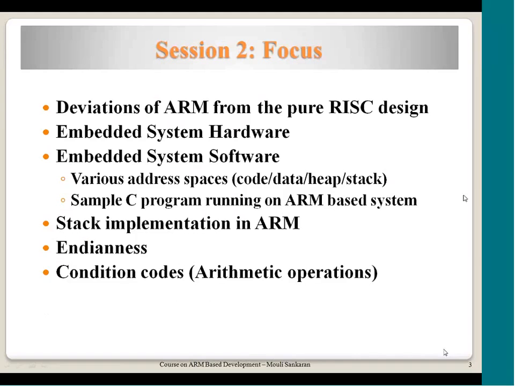Though we claim that ARM is a RISC-based design, there are some deviations, and we will see why there are some deviations and what their advantages are. And we will just touch upon embedded system hardware and software, because ARM is built for this market, and we should have a clear idea of where ARM is used and how the software developed for ARM runs on the embedded system.